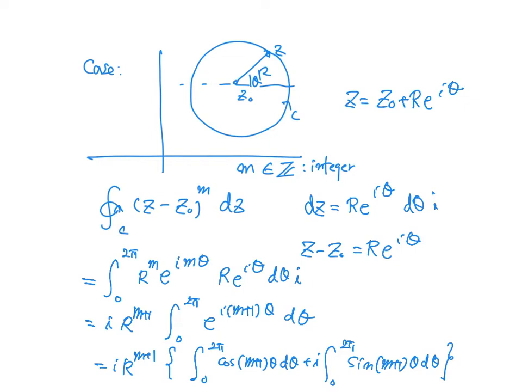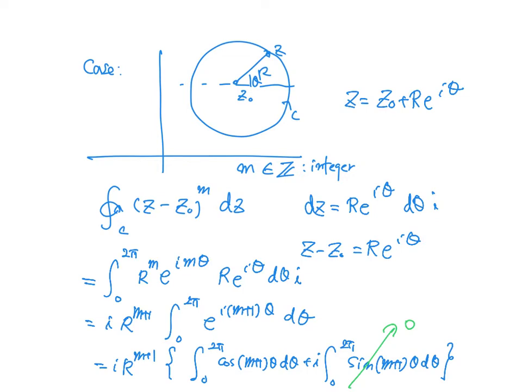Now consider that. So m is an integer. So as a result, m plus 1 equals an integer, right? So if we have a sine of integer theta integrated over 0 to 2 pi, what do you get? 0, right? So when m is integer, it's always 0. How about cosine?